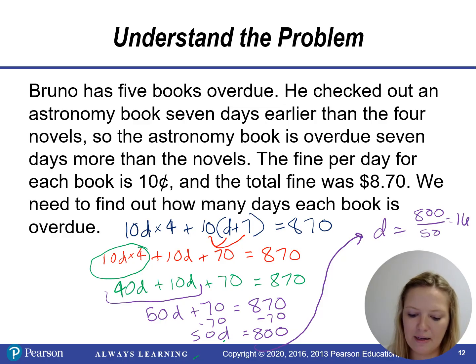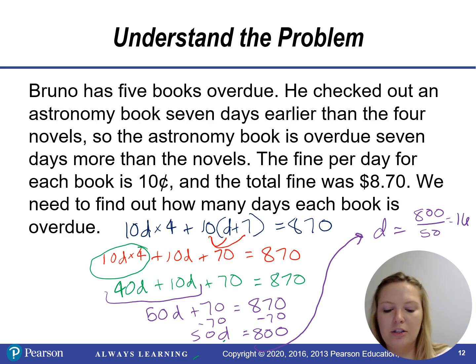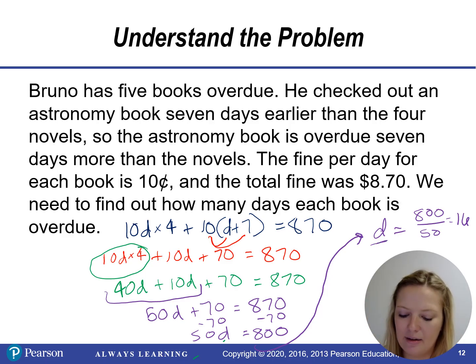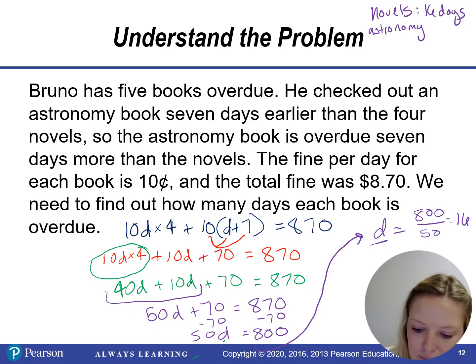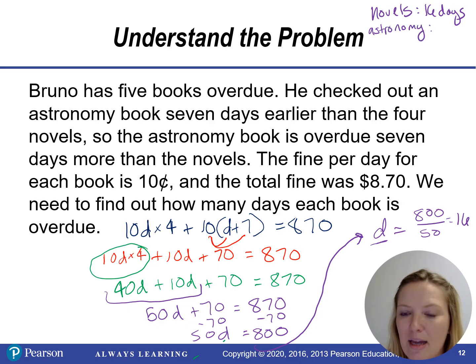So that tells me that the 4 novels are each 16 days overdue, because that's what I had defined my D to be. And then the astronomy book, so the novels are 16 days overdue, and the astronomy book is 16 plus 7, 23 days overdue.